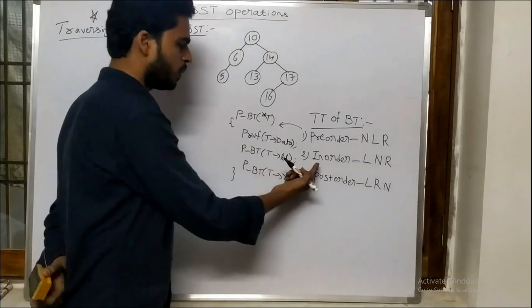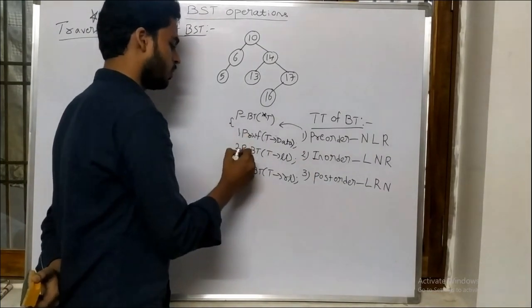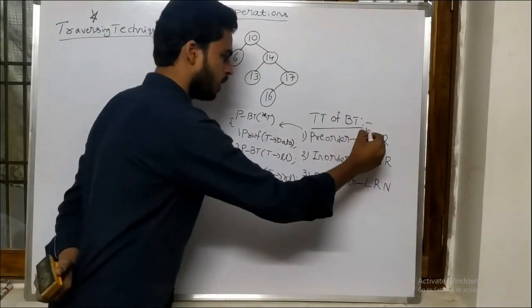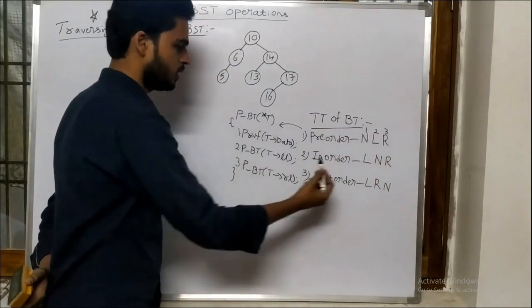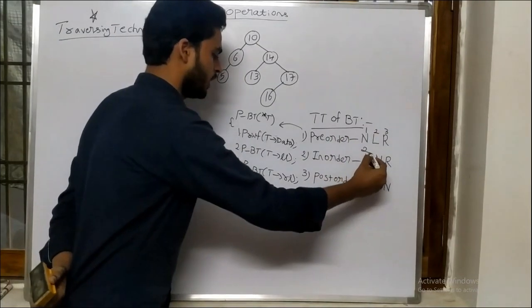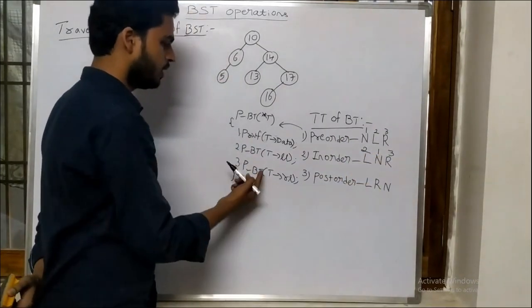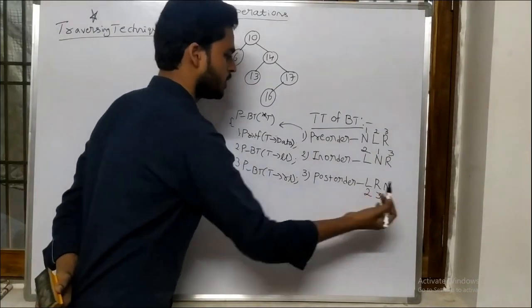Similar to that, what about in order? In order, I will write statements 1, 2, 3. In LNR, what are we going to write? First you will write the second statement, then the first statement, then the third statement. In LRN, first you write the second statement, then the third statement, then the first statement.